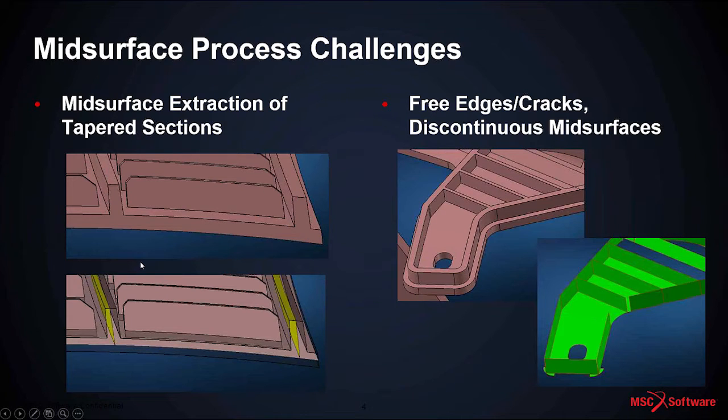Here on this screen, I just have some examples detailing why this process is so difficult. Since we're dealing with injection molded plastics, a lot of the time you have draft angles throughout the sections of your model. Here as an example, a lot of these ribs are not uniform in their cross-section. Here it's very subtle, but at the root you can see that it's wider than the end of the rib, if you will.